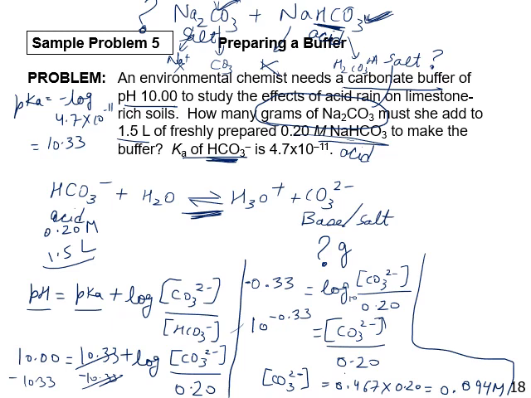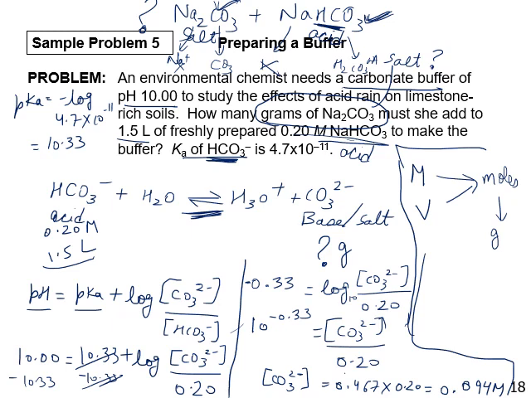Now what does the question want? The question wants grams. So now you need to use your prior knowledge from general chemistry 1, which is, if you know the molarity of a solution and you know the volume of your final solution, how do you find how many grams you need? You first use molarity and volume to find the moles, then you can convert moles into grams using molar mass. So this comes from general chemistry 1.